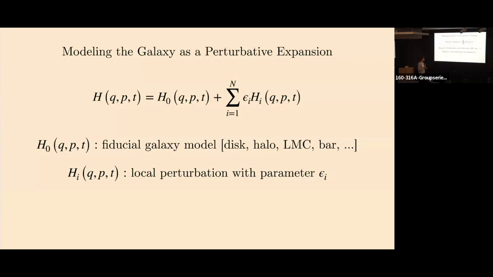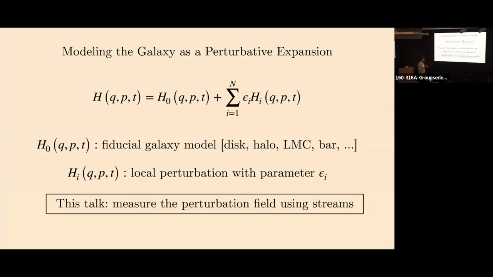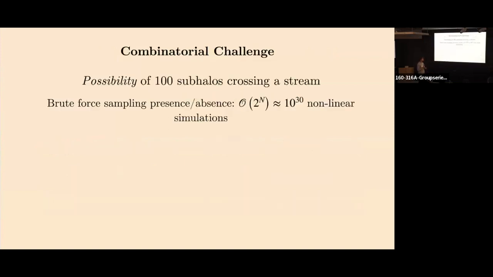That's the idea. So this talk is focusing on measuring the perturbation field using streams, while also allowing for flexibility in that H0 thing, thinking about things like, we want to take into account the LMC, we want to have time dependence in our potential, but we also want to add all of these perturbations.